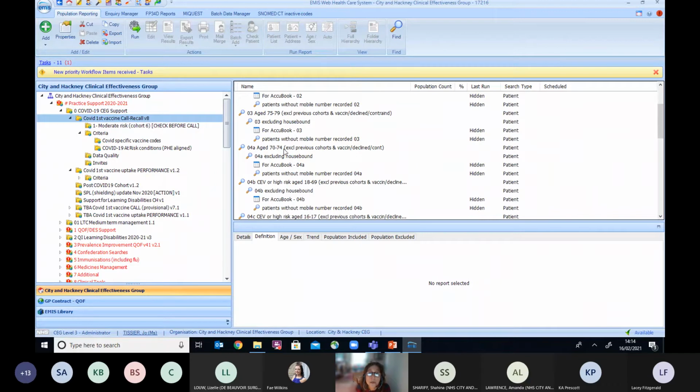Cohort 4, these were the 70 to 74s, or people in the clinically extremely vulnerable list. What we were asked to do was to separate those two groups, which is why you see 4A and 4B. So you can identify your 70 to 74-year-olds, and then you can identify the clinically extremely vulnerable or the high risk.